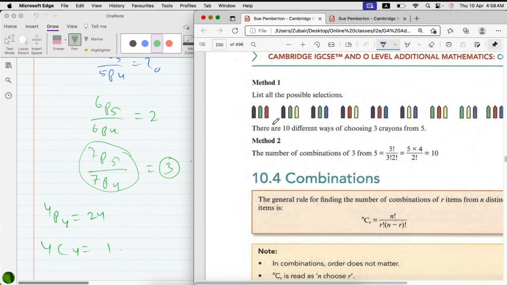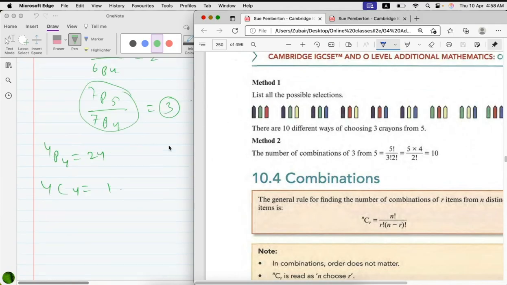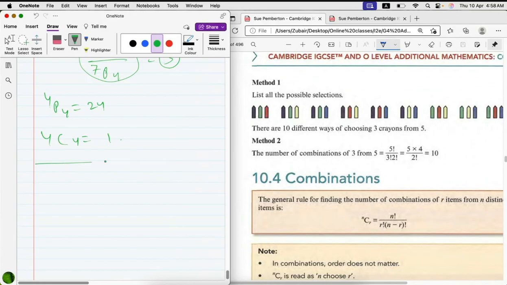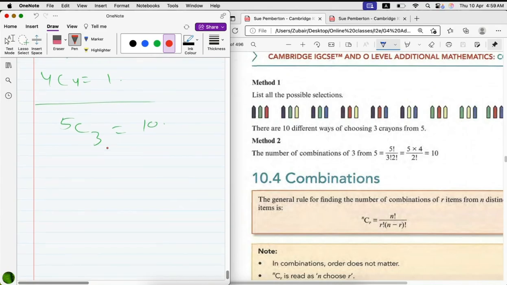So if the order would matter in this case, we'll get 60. We'll have 5P3, that is 60. But the order does not matter. We're just making a selection of 3 out of the total 5. So 5C3 is 10. For example, your school offers you 5 subjects and you select 3 out of them.